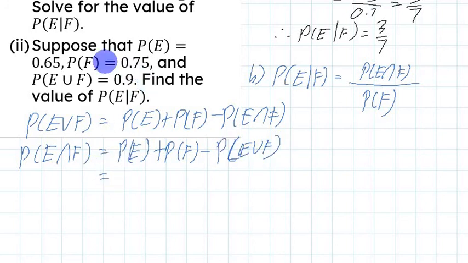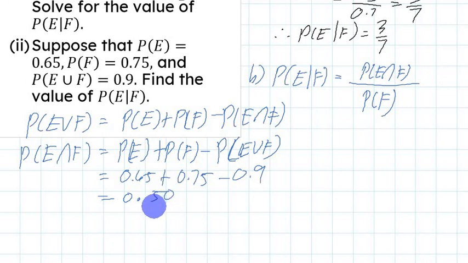So therefore, the probability of E 0.65 plus the probability of F 0.75 minus the probability of E union F, which is 0.9, gives us 0.50. So therefore here, the probability of E given F would be 0.50 all over the probability of F, which is 0.75, which would be equal to 2/3.